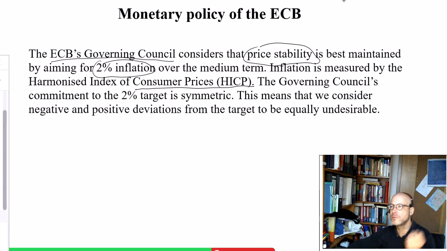What this is, consumer price index, we also have already talked about, and also that we have not a point for the aim of 2%, but that we say in the medium run we want to achieve 2%. So we allow for some volatility around 2%, and this allowance for volatility around 2% should be symmetric.